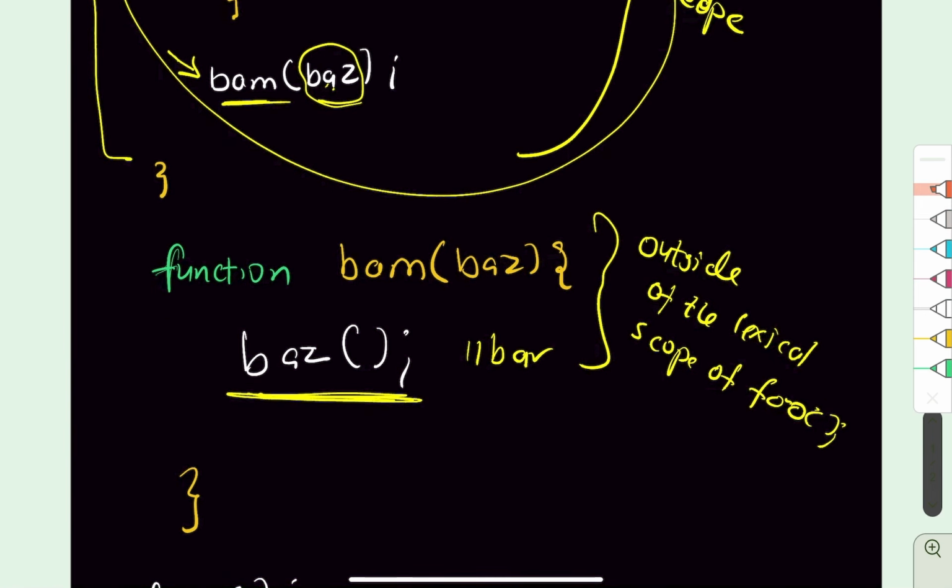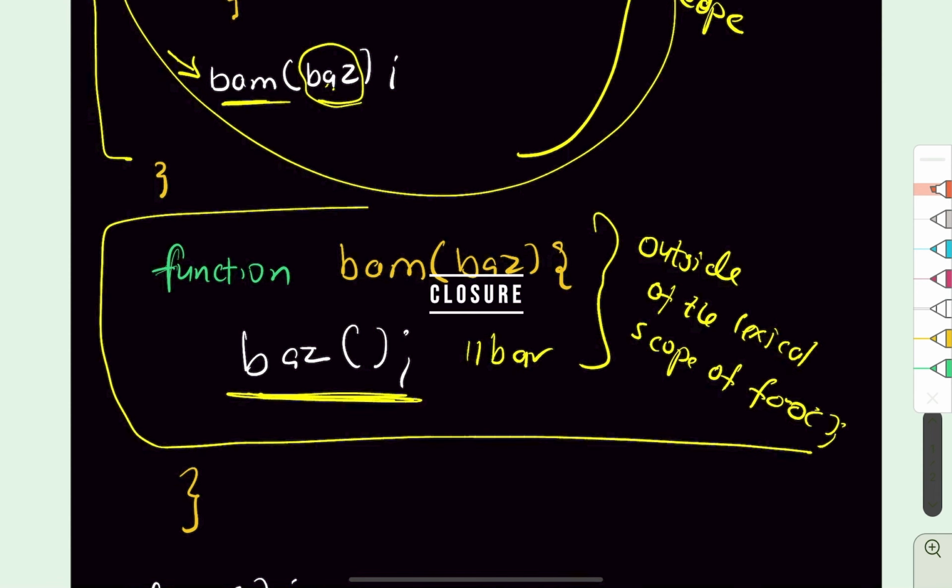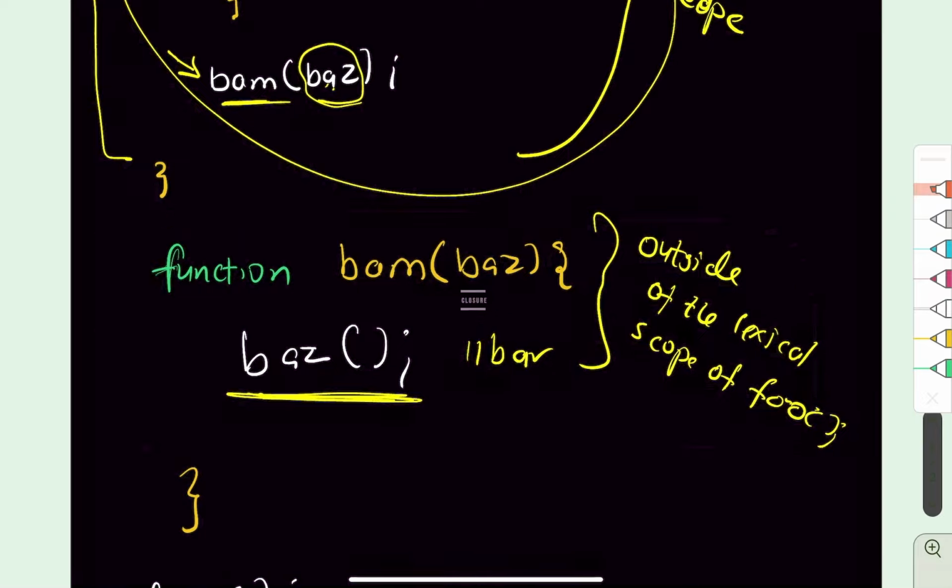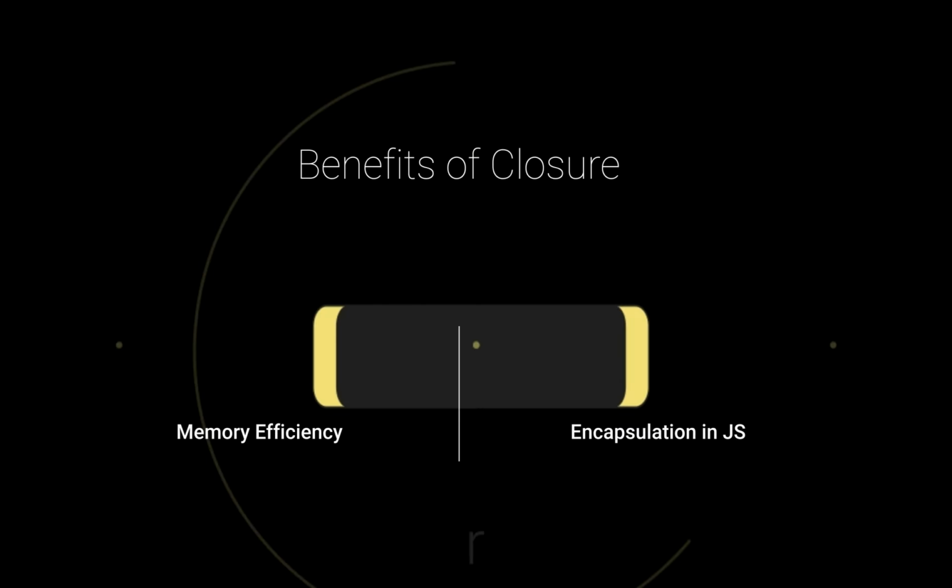So this is what is meant by closure, and there are a lot of advantages of closure. All right, so closures have two main benefits. First, they can be memory efficient. Second is encapsulation.